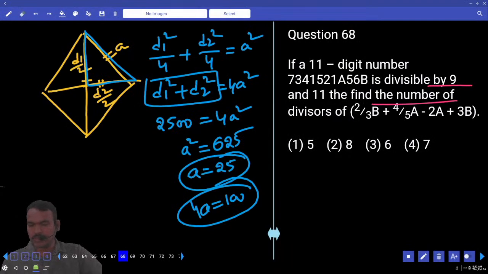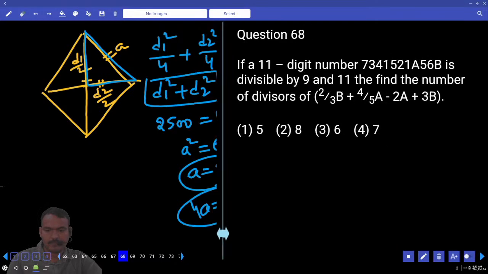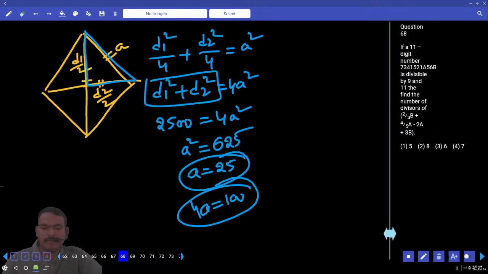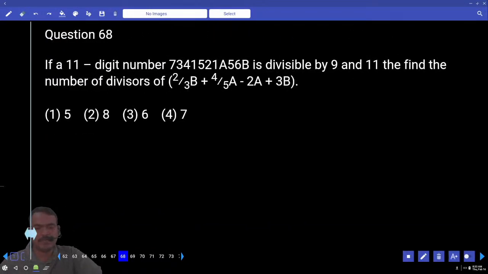Next, question number 68. An 11 digit number 7341521A56 is divisible by 9 and 11.